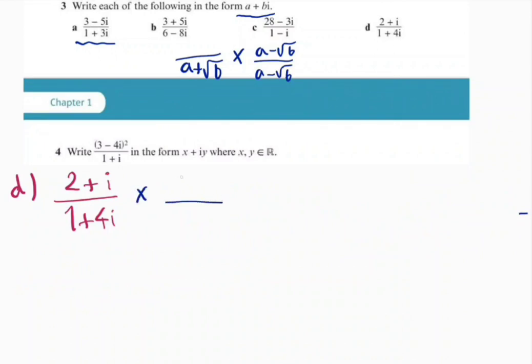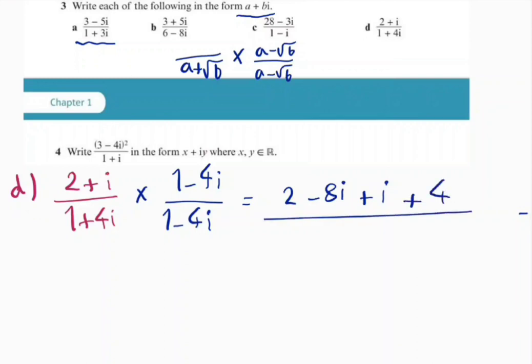And finally part d. We multiply top and bottom by 1 minus 4i. So we get 2 minus 8i plus i. Now minus 4i squared, which is 4.